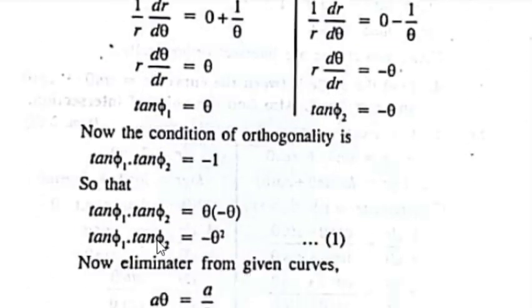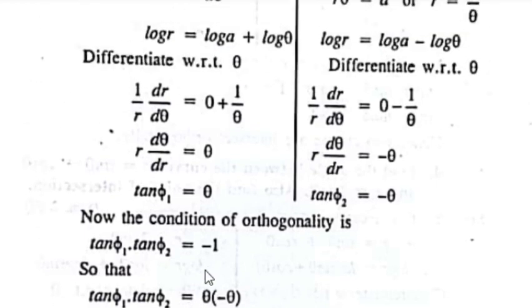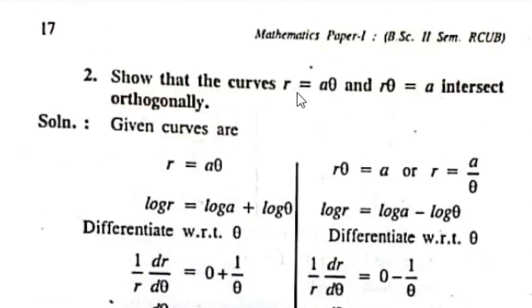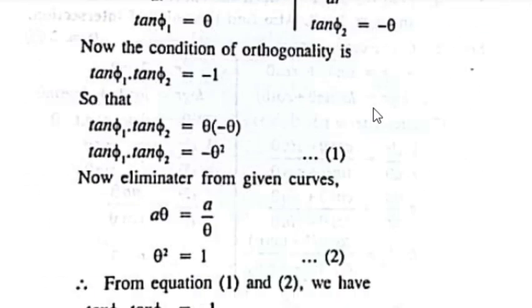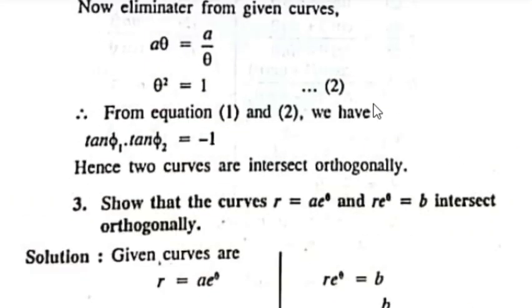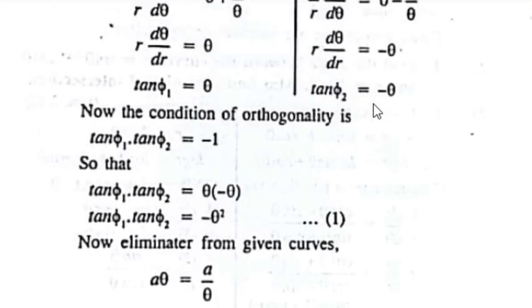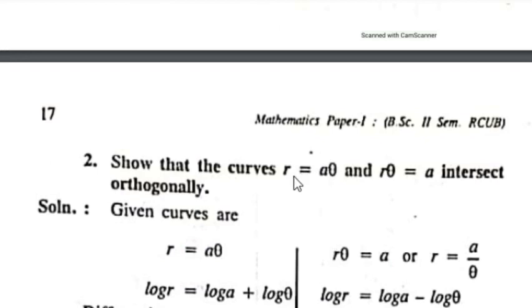Now to show that this is equal to minus 1, we eliminate theta from the given curves. These are the two curves, r is equal to a theta and r theta is equal to a. From these two curves we find the value of theta. Substitute this value of r, which is a theta, in this equation.